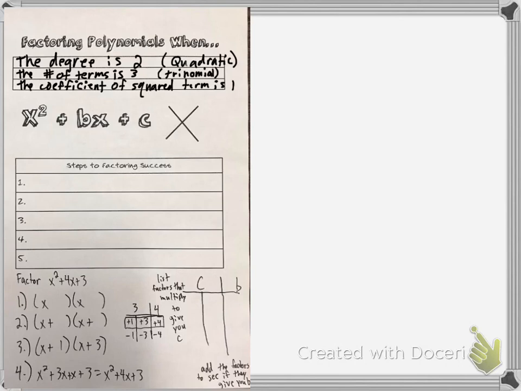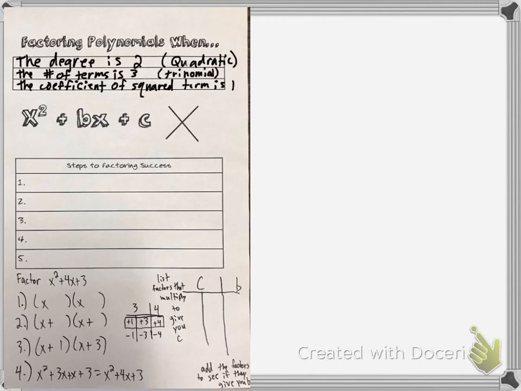The degree is 2, so it's quadratic. The number of terms is 3, so it's a trinomial. And the coefficient of the squared term is 1. It's just got a 1 in front of x squared. Okay? Yes? So, it's x squared plus bx plus c.